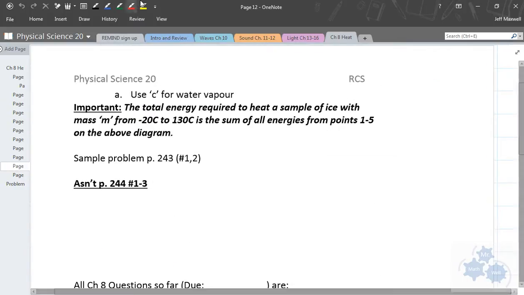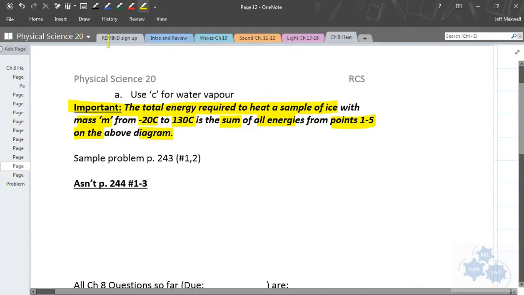So this is an important note here, okay? It's important to know that the total energy required to heat a sample of ice with mass m, so just like this example that we just worked through, from negative 20 all the way up to 130, that's where we would have stopped on that graph, is the sum of all energies from points 1 to 5 on the diagram.